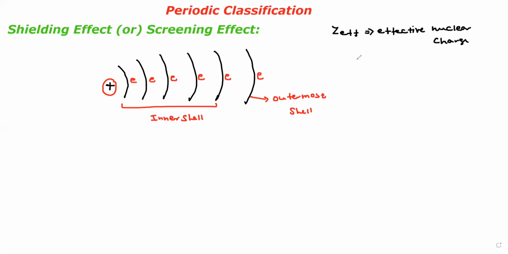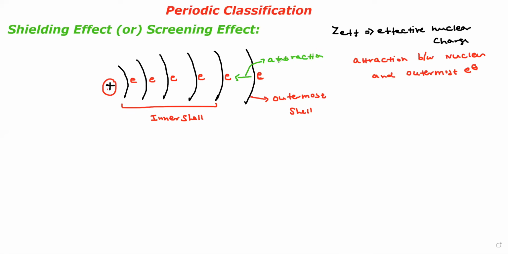Please note, it is the attraction between the nucleus and the outermost electron. This outermost electron is attracted by this nucleus. This is called effective nuclear charge. This is the attraction effect.